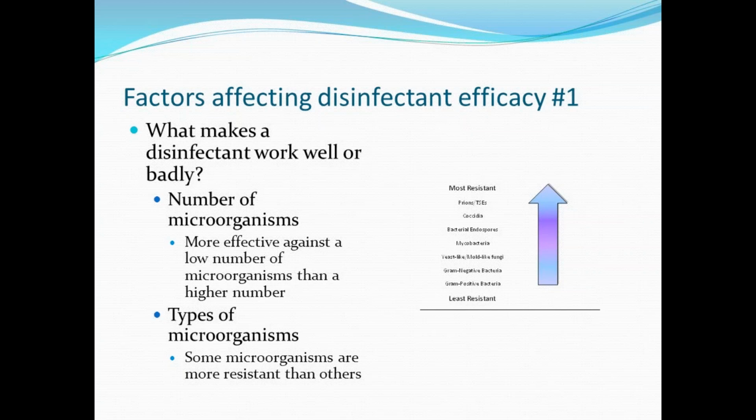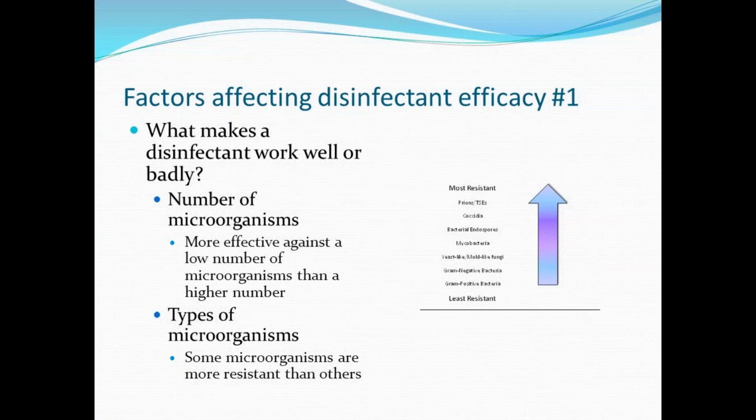Then there are types of microorganisms, where some microorganisms are more resistant than others, and the slide shows a fairly regularly shown disinfectant hierarchy chart. You can see there, for example, that bacterial endospores are very resistant. Then you have mycobacteria, which have a very waxy outer coat.